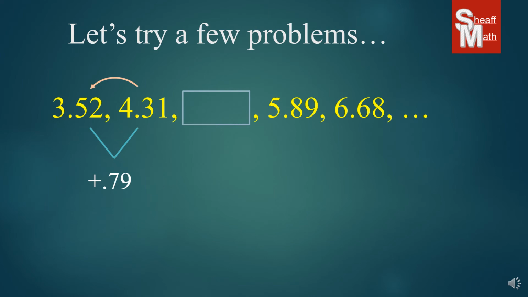If you want to think of this as money, because it's set up pretty nicely, it's going up by 79 cents each time. So we take 4.31 and add 0.79 to it, and we get 5.10. Now, unless it says it's money, you don't have to put the 0 after it. I put the 5.10 there because my context was money. But you don't have to put that 0 in.